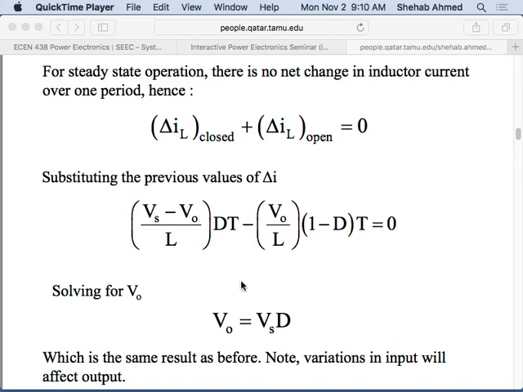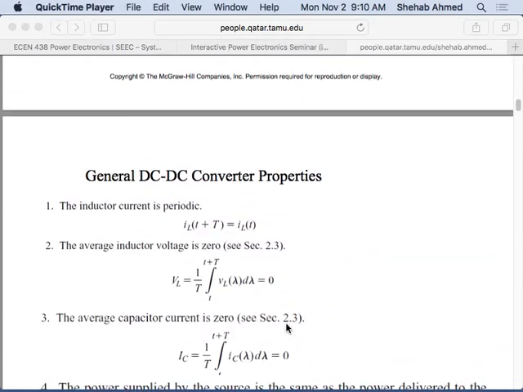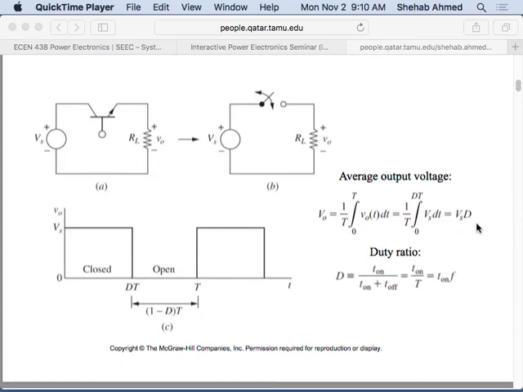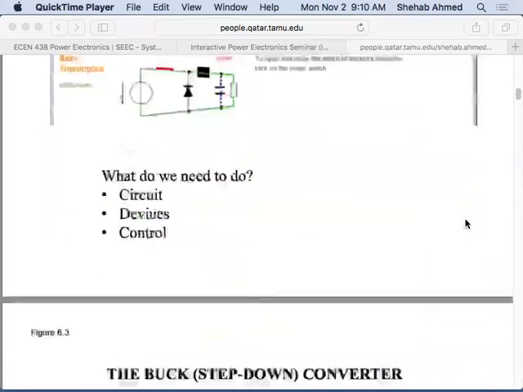If you go ahead and solve it, you'll end up with this equation. This equation, where did we see it before? Right? V output is equal to Vs times D. Right? So it's the same.